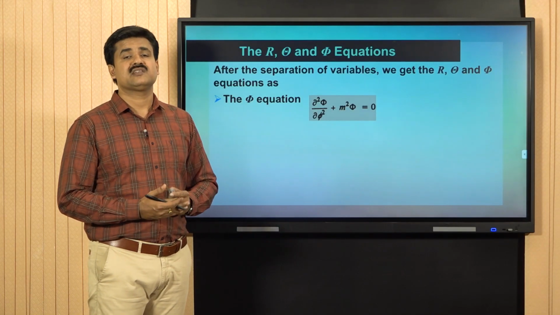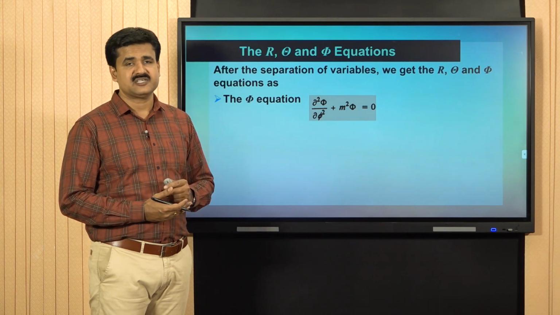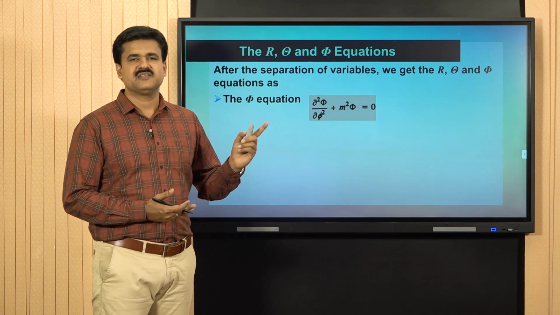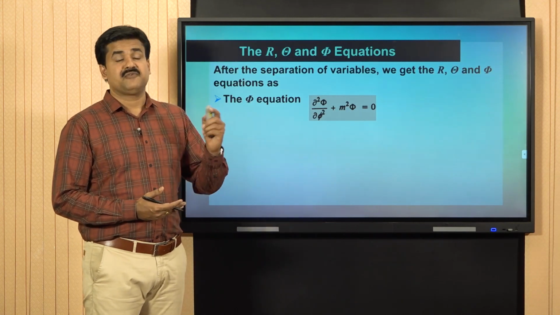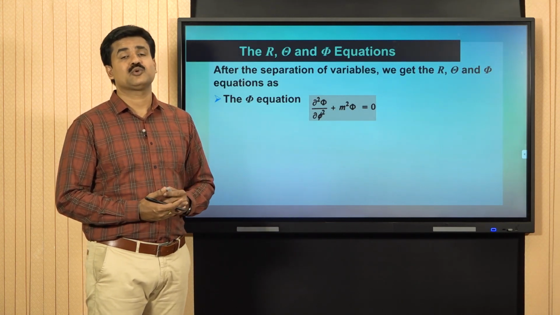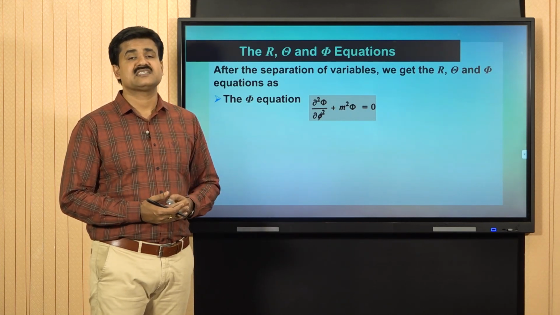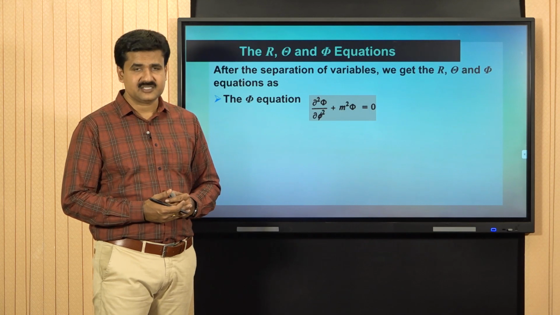We know the complete solution of this equation from the first part. The complete solution of the phi equation is Φ(φ) = 1/√(2π) e^(imφ), where m represents a quantum number called the magnetic quantum number.